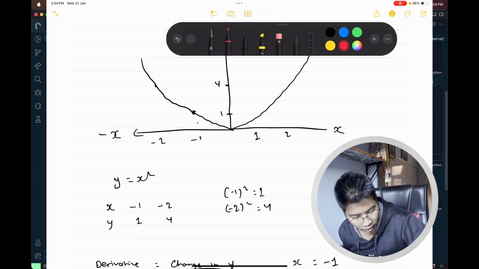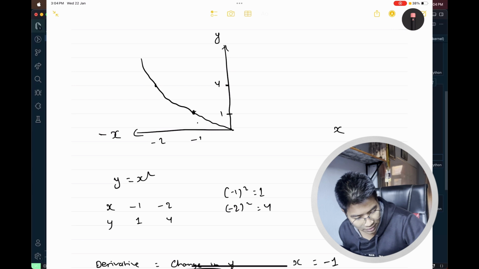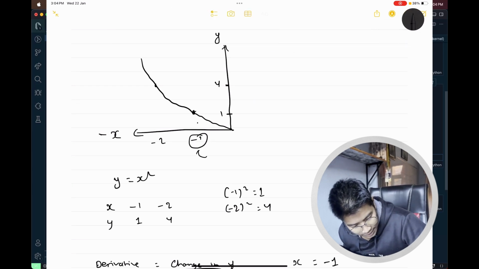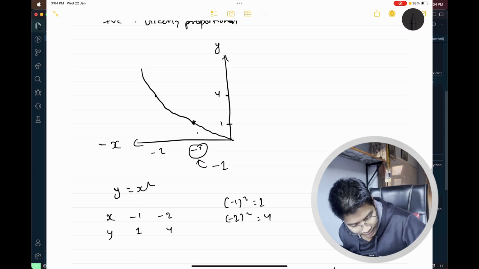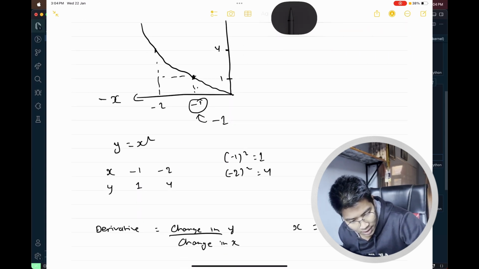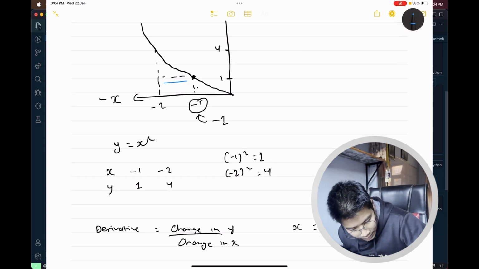Forget about this section of the graph, just look at this section of the graph. My x, I say, is negative 1, and my h over here is also negative 1.